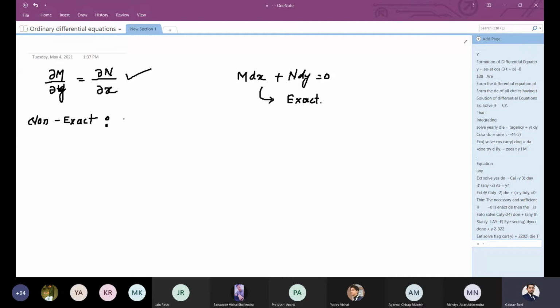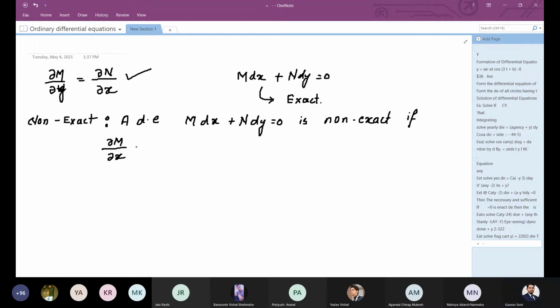A differential equation M dx plus N dy equal to 0 is non-exact if the partial derivative of M with respect to y is not equal to the partial derivative of N with respect to x. If these two things are not equal, then we say that it is non-exact.